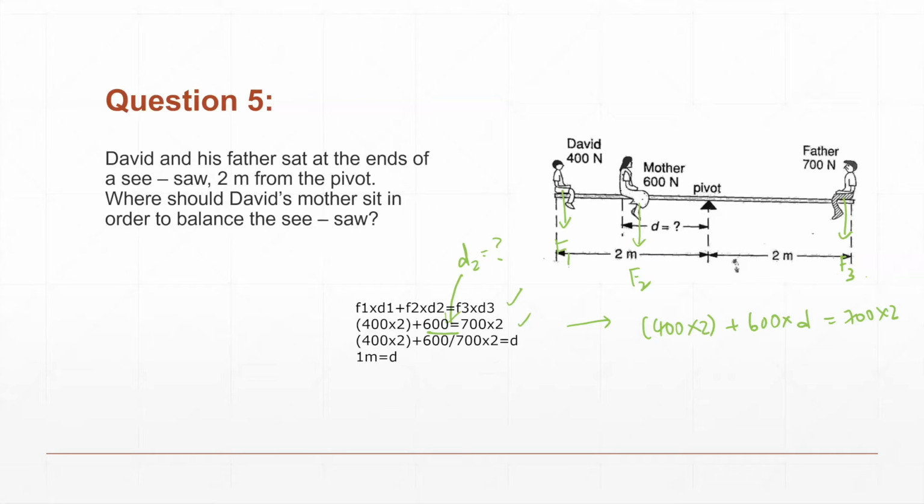Then after that, 400 times 2 is 800 plus 600D equals to 1400. 600D equals to 1400 minus 800. Because your D totally disappeared from here, so this line cannot be accepted.